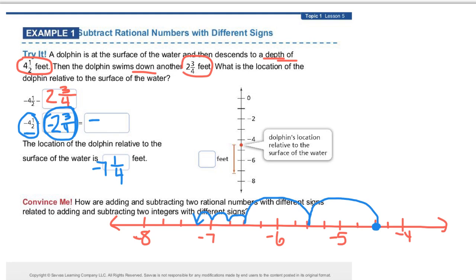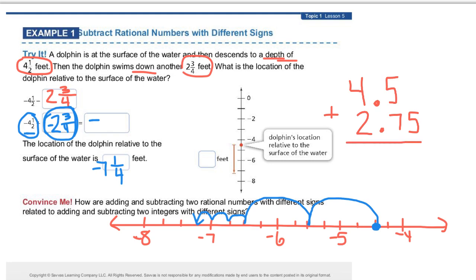Now, if you decided to do decimals, I know the rule is that I'm going to keep the sign and I'm going to combine the digits. So 4 1/2 as a decimal would be 4.5. I simply took 1 divided by 2 to get my decimal. And 2 3/4 is 2.75. I simply took 3 divided by 4 to get my decimal.